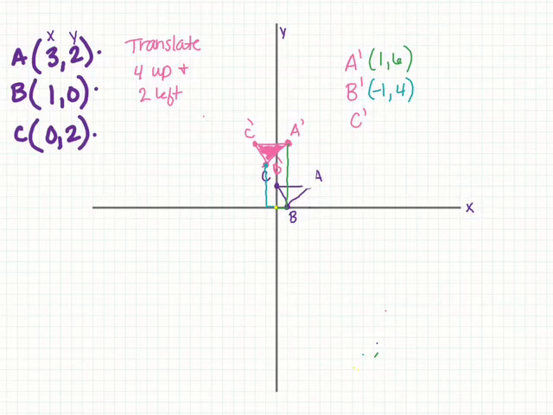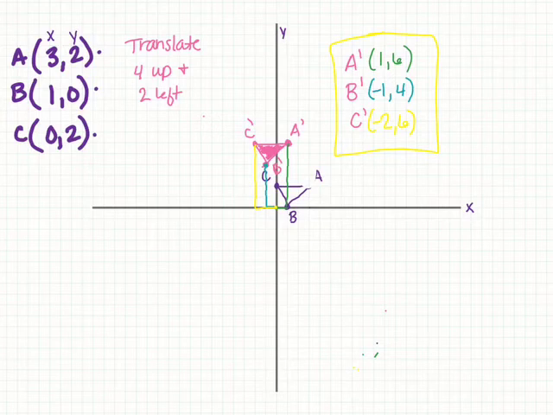We would have to go left 1, 2, so that's a negative 2. And then I would need to go up 1, 2, 3, 4, 5, 6. Negative 2, 6. So here would be my final answer, the ordered pairs for my new triangle, A prime, B prime, C prime. All right, let's look at one more of these.